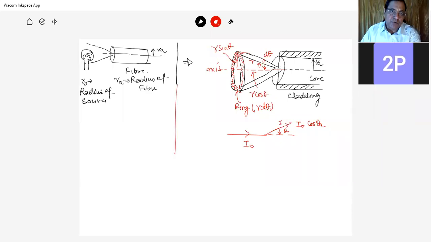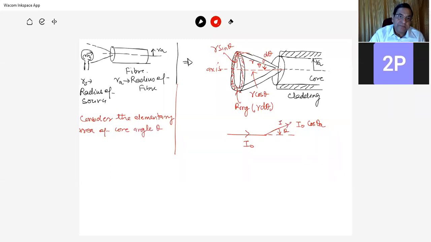So using these two concepts, consider the elementary area of core at angle theta, dA area.